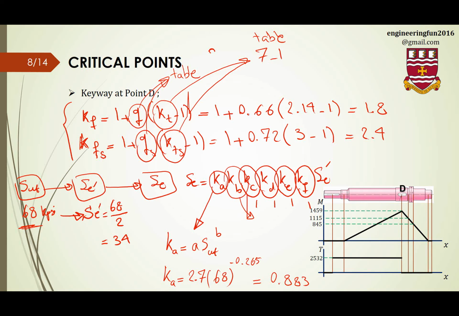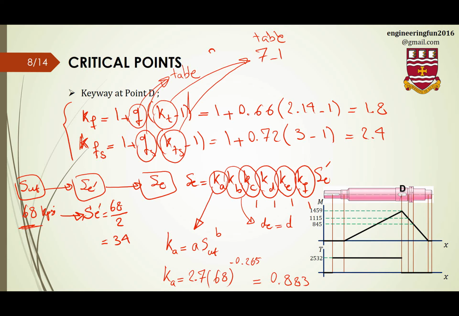And kb is dependent on the type of loading. If it's axial, that's 1. If it's not axial, we need to find an equivalent diameter. In this case, because we have bending and the shaft is rotating, de, the equivalent diameter, equals d.